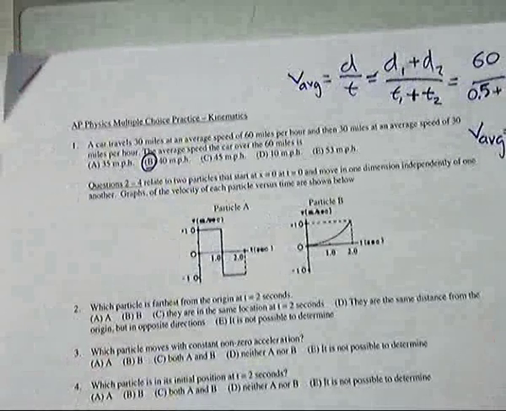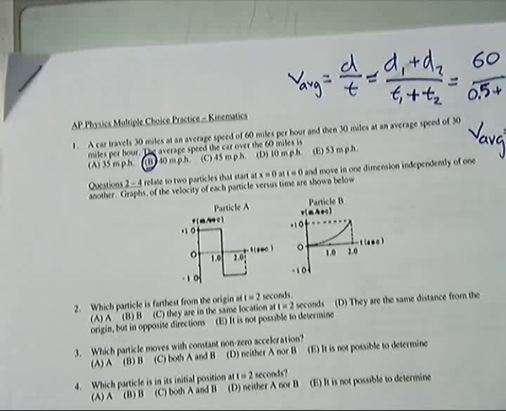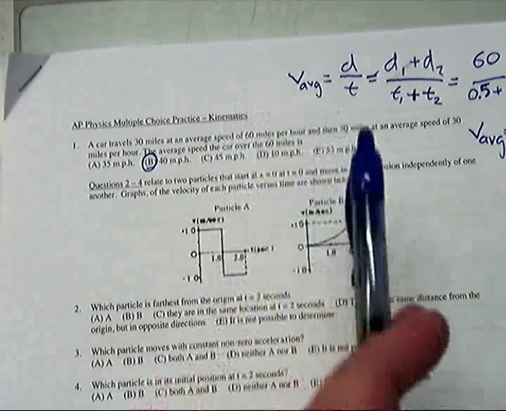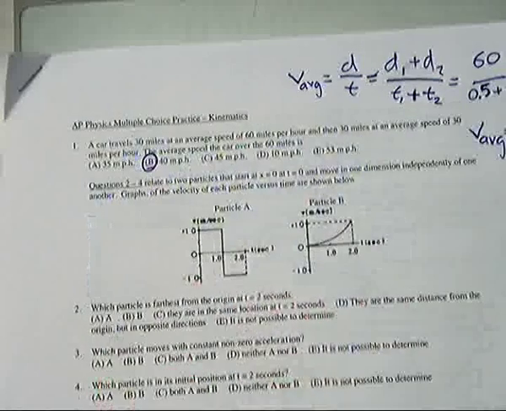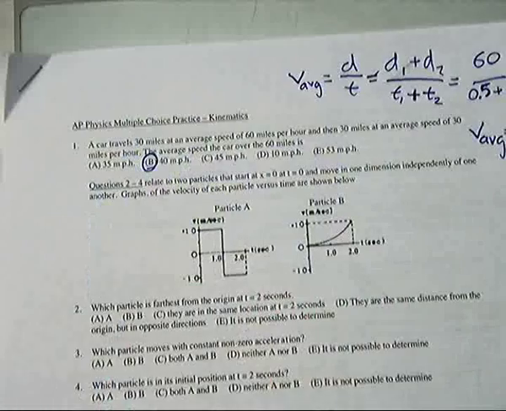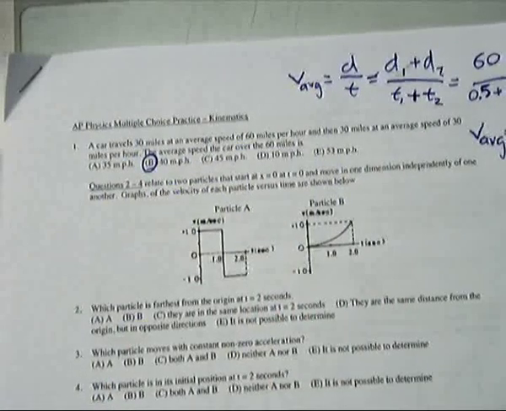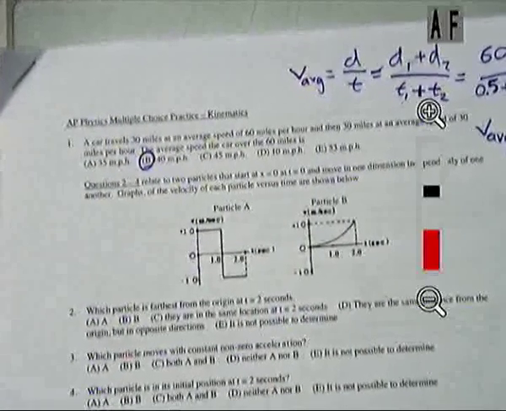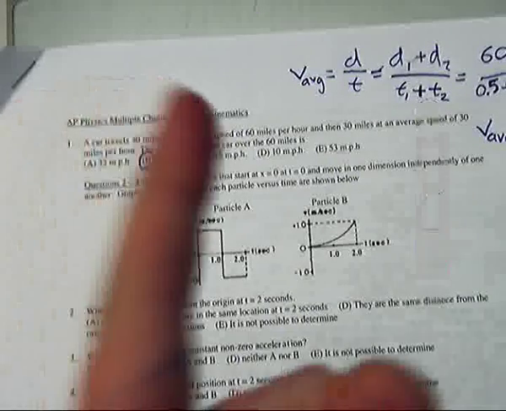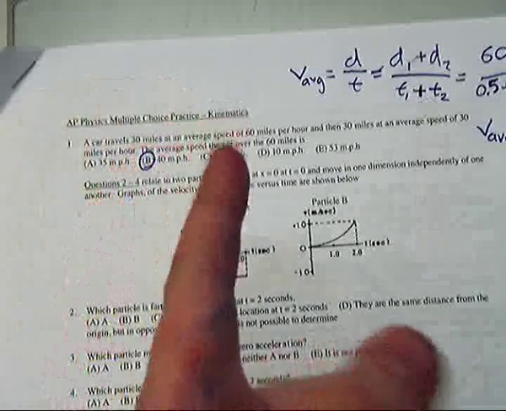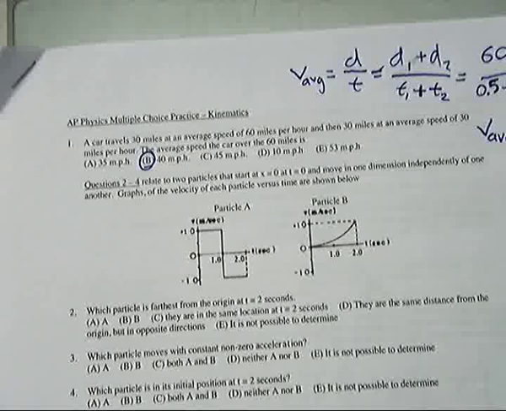Why is it 40 though? For these types of problems, the answer is not always that obvious, but sometimes you can eliminate everything but one answer. If it goes at 60 miles per hour, then it travels at 30 miles per hour.